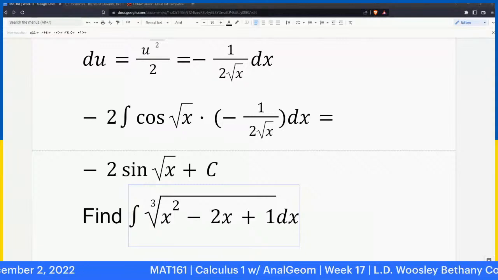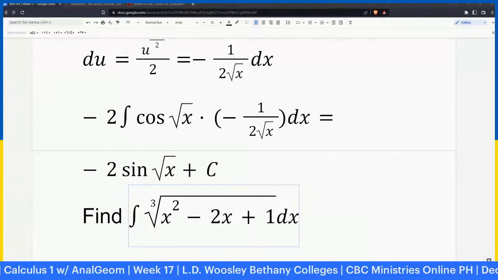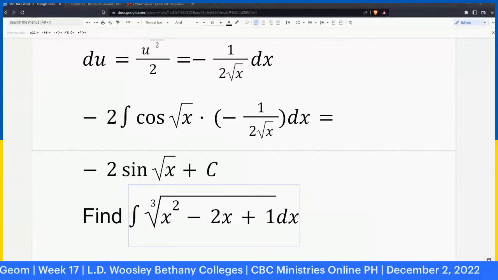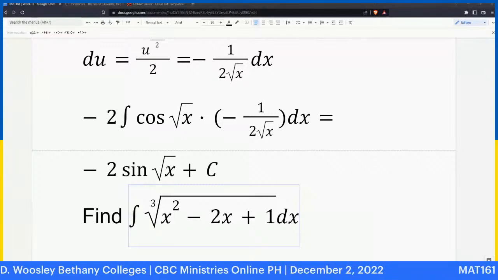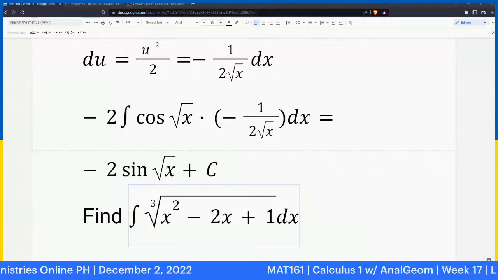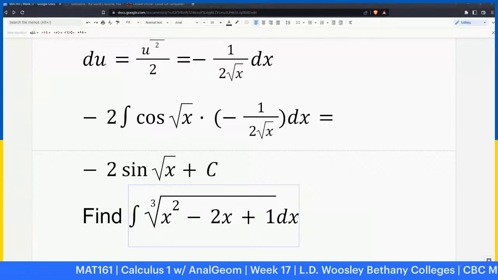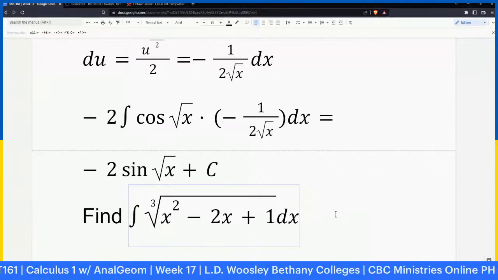So hindi pwede, di ba? Kasi kung x squared minus 2x plus 1 ang u mo, hindi mo makuha yung du. Alright? So you think of other ways. Okay? You think of other ways.